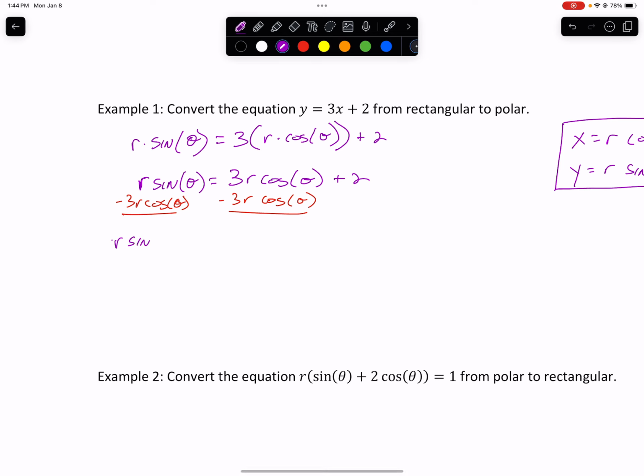R sine of theta minus 3r cosine of theta. Since one's sine and one's cosine, we can't subtract them, we just keep track. Over here, they cancel out and it equals 2. The reason I got all the terms with r on one side is that now r shows up in both terms, so I can factor out that r.